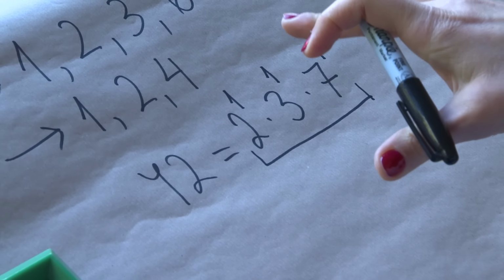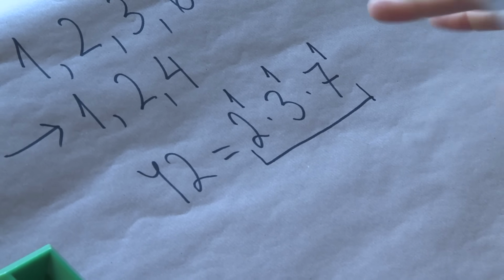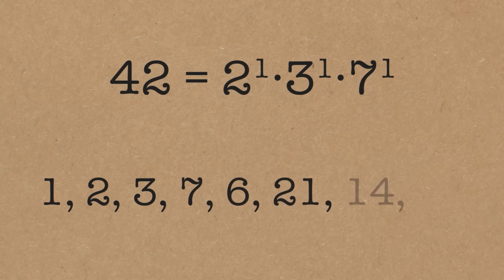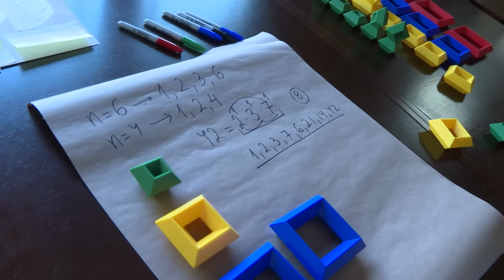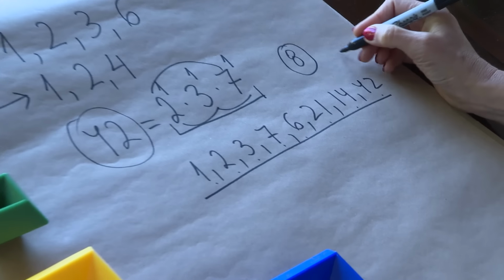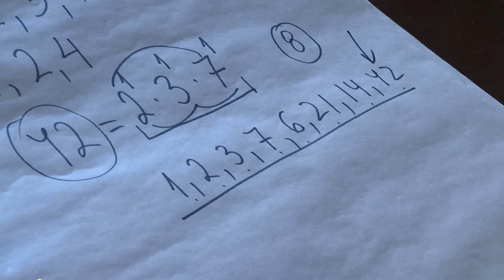There will be exactly 8 divisors. 1, 2, 3, 7, those are the prime divisors, but then I can start multiplying them: 6, 21, 14, and finally 42 itself. 8 divisors. If I add up the tickets on which all of these 8 numbers are written, I'm going to get exactly 42 tickets, but I don't know if 42 is actually written anywhere. It doesn't have to be. So we root for Brady.